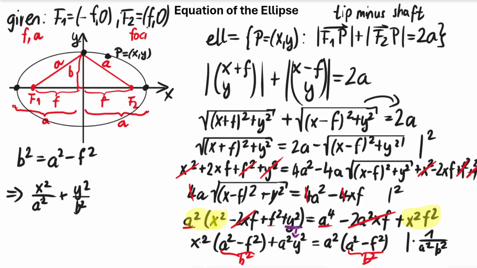I hope you can see it here. So x squared, b squared is cancelling out. So a squared in the denominator remains. a squared y squared divided by a squared b squared, a squared cancelling out, what remains is b squared. And on the right side, you have a squared b squared. It is equal to 1.